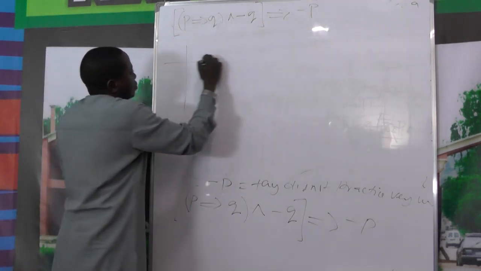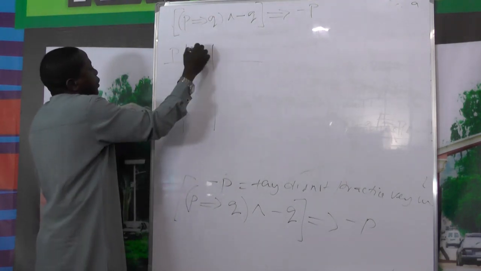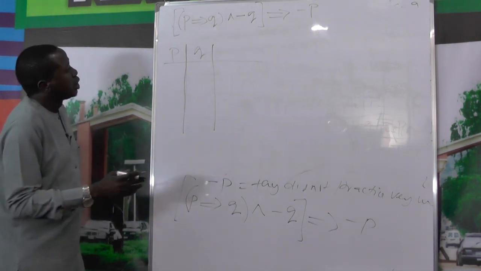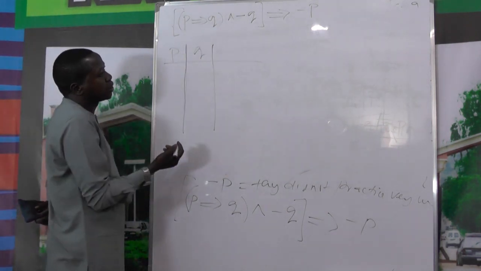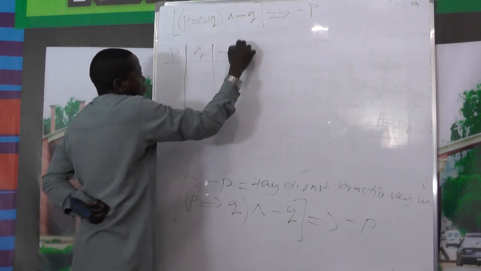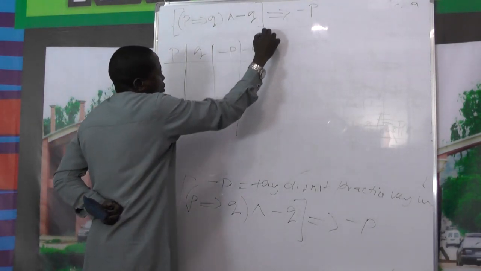Let's draw the table. We have P and we have Q. What can you see again from this statement? You can see minus P, so let's give it a color. You can also see minus Q. Let's give it a color.